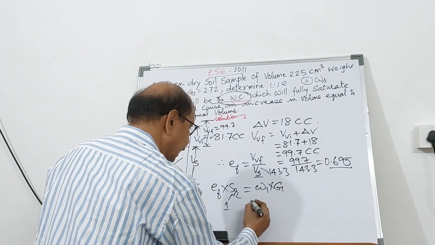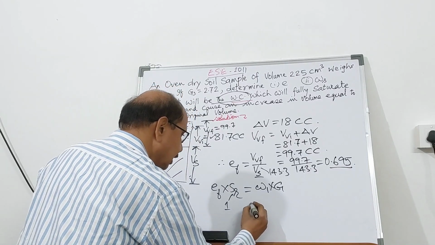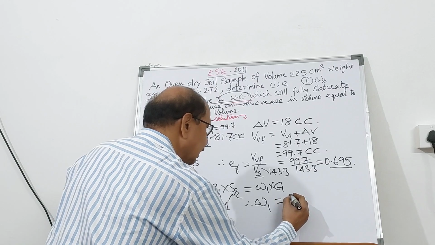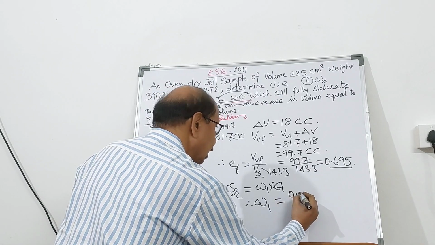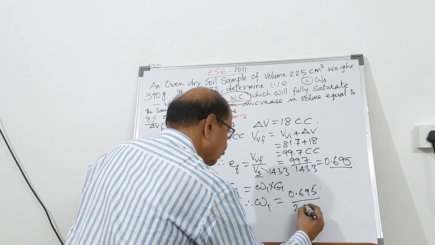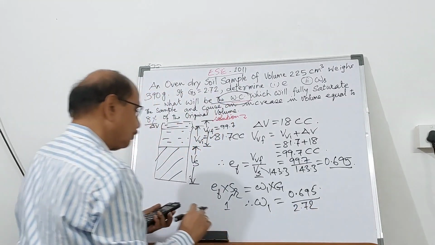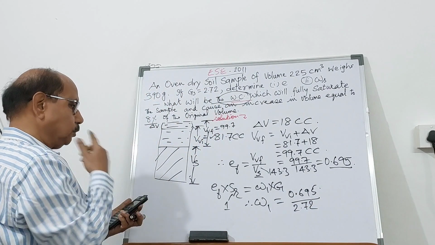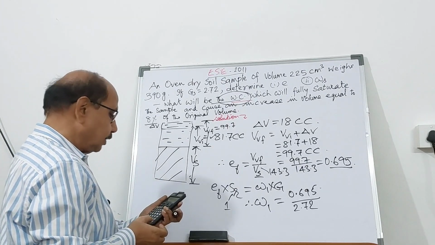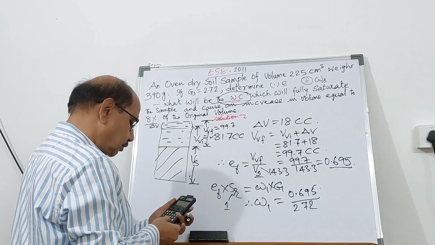Therefore, W1 can be calculated as 0.695 divided by 2.72.